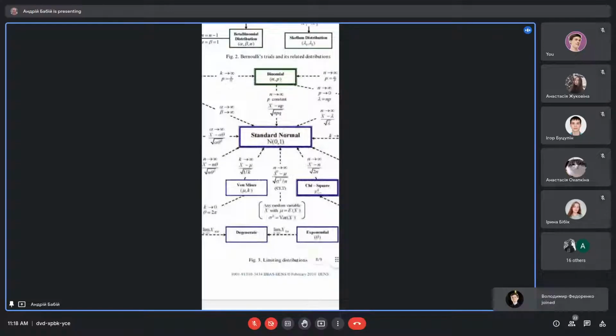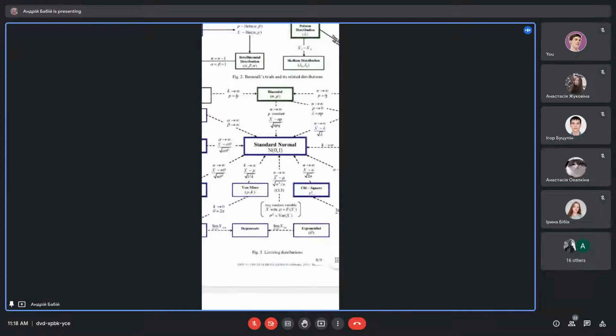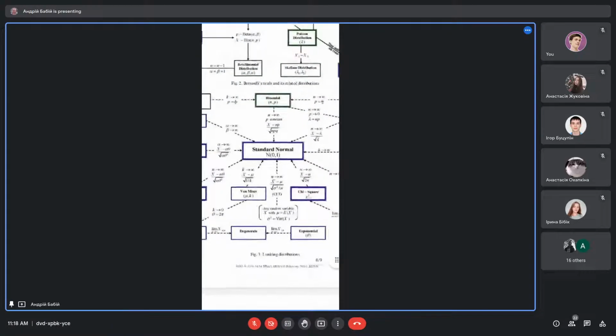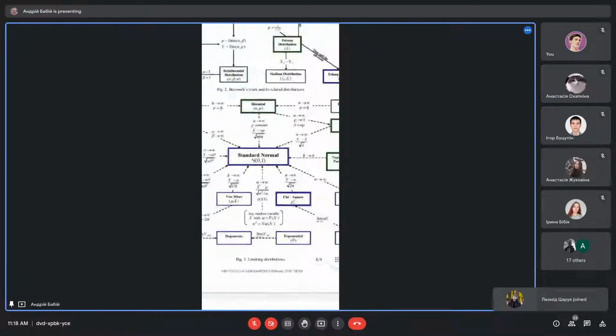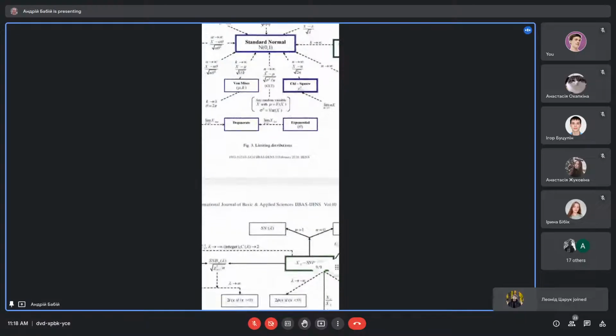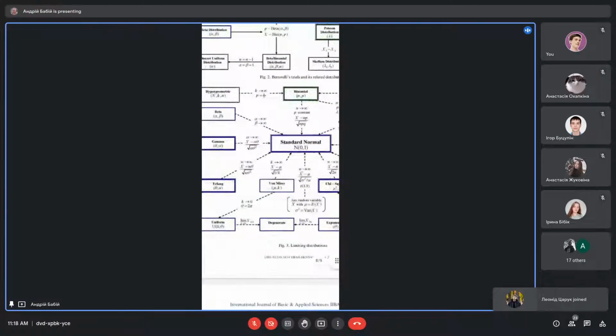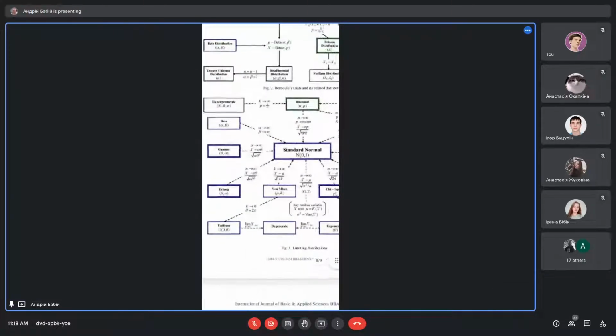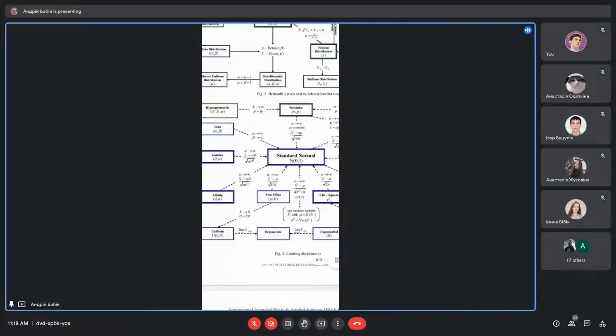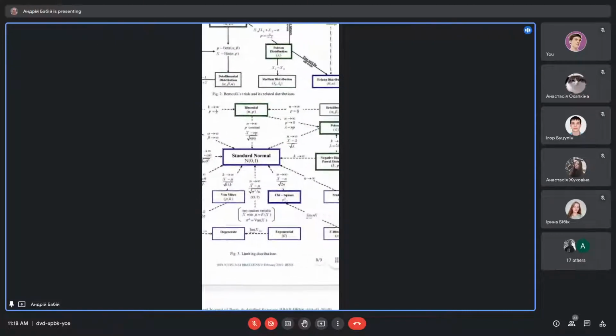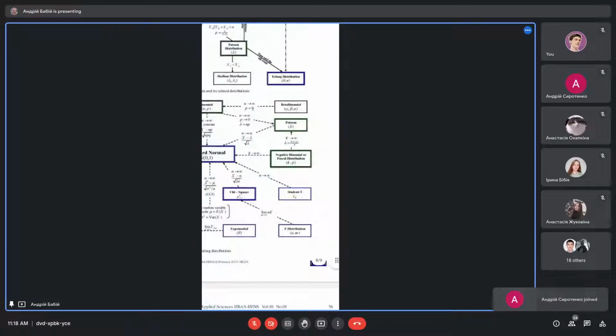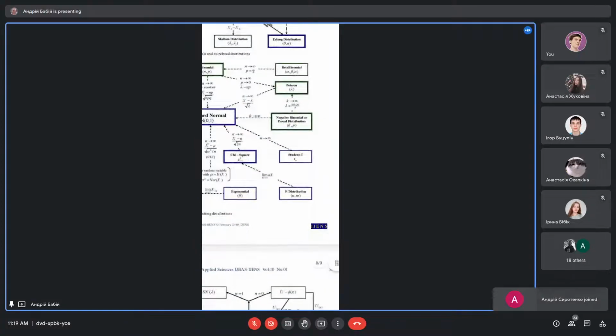You can see in the center the standard normal distribution and related distributions, which we can call subsets: gamma distribution, beta distribution, hypergeometric, binomial, Poisson, negative binomial, Pascal distribution, chi-square, student distribution, F distribution.